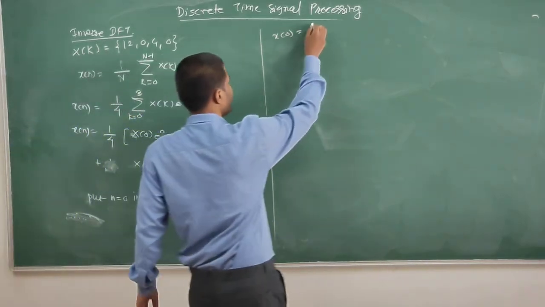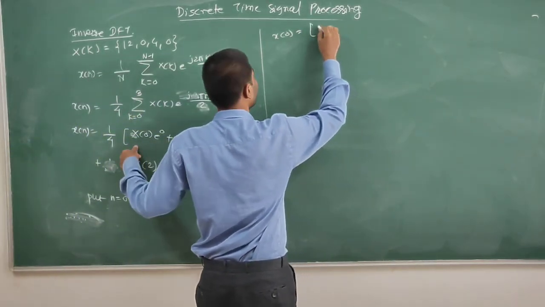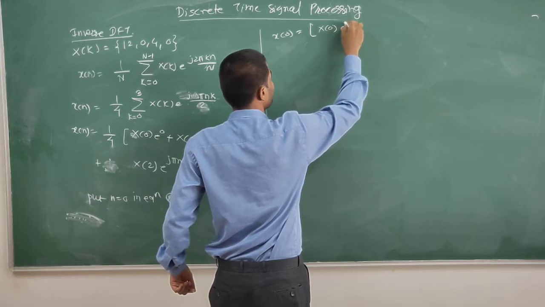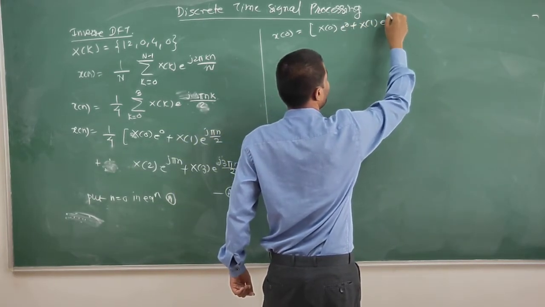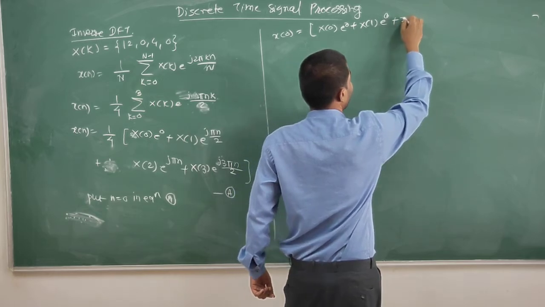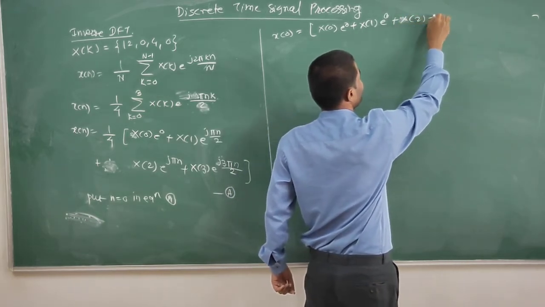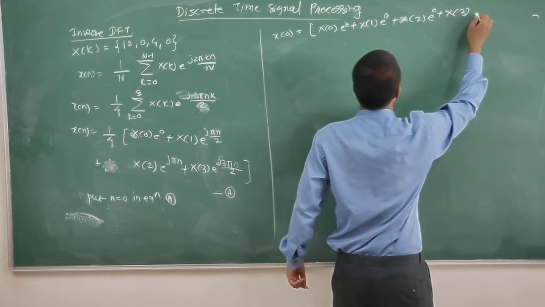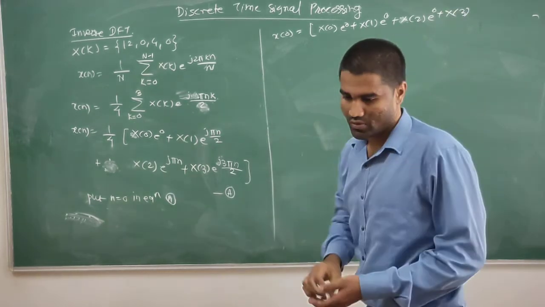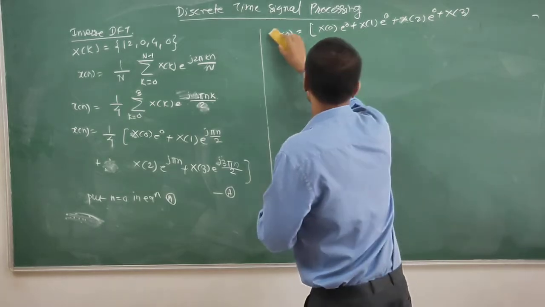That is nothing but x of 0 e raised to 0 plus x of 1 e raised to 0 plus x of 2 e raised to 0 plus x of 3. I think this is not at all visible. I will write down once again.